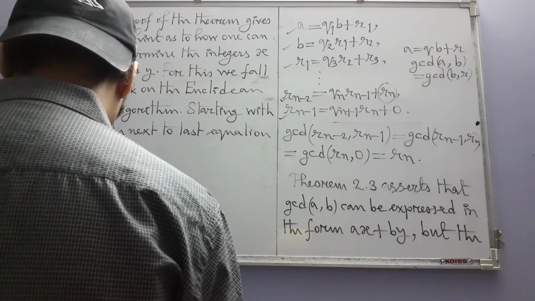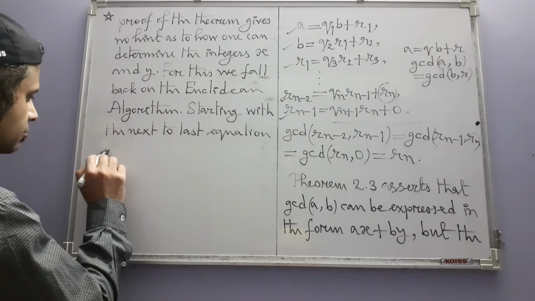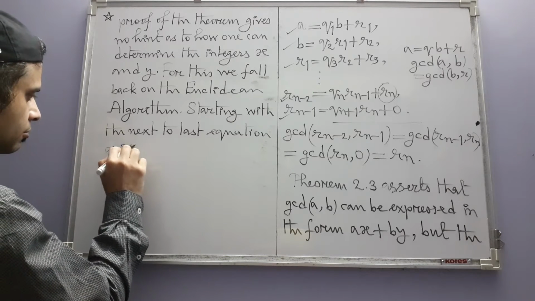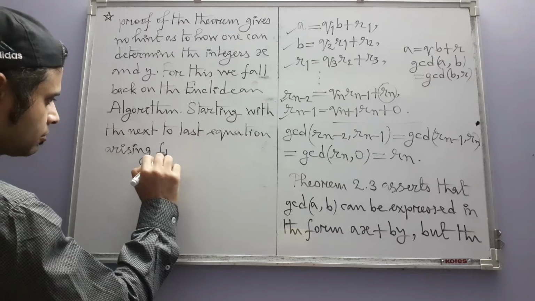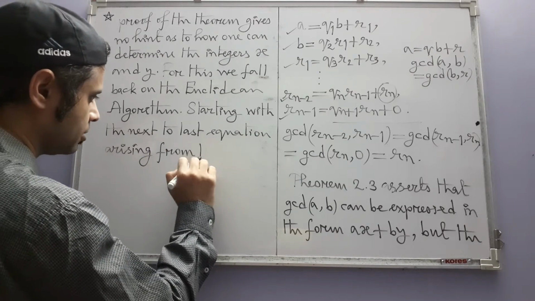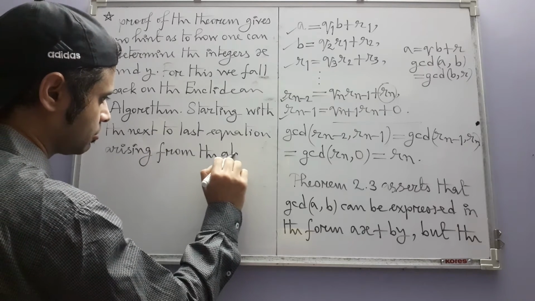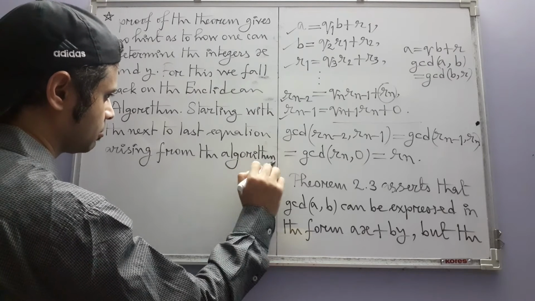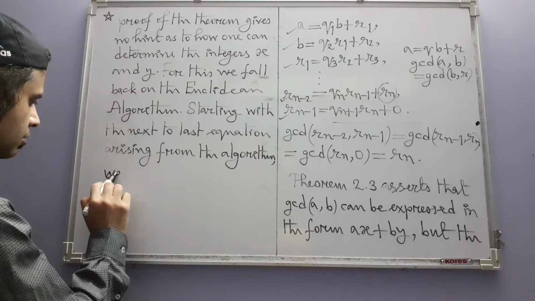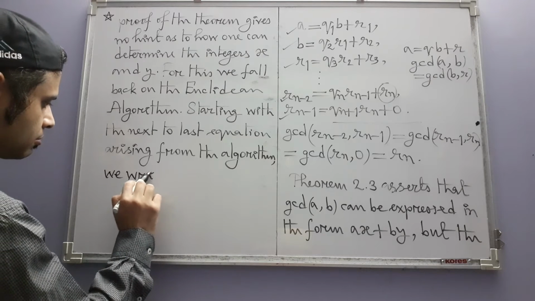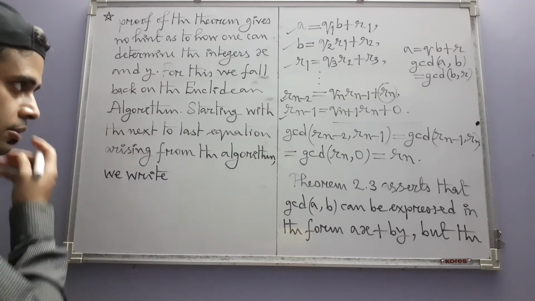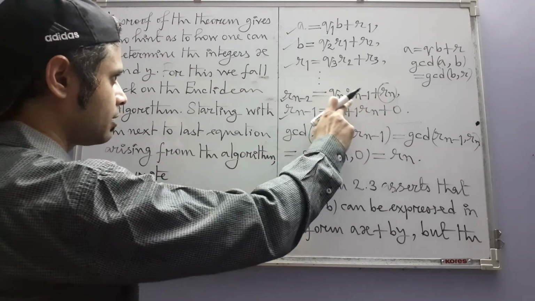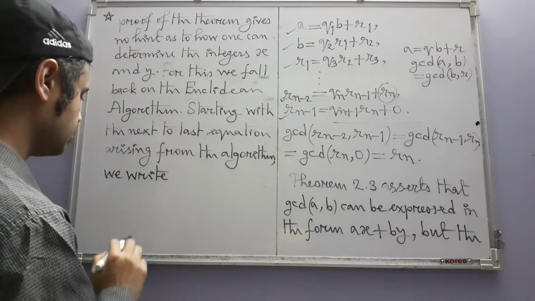Arising from the algorithm, we write it in a slightly different manner. We will write Rn in terms of the other things.